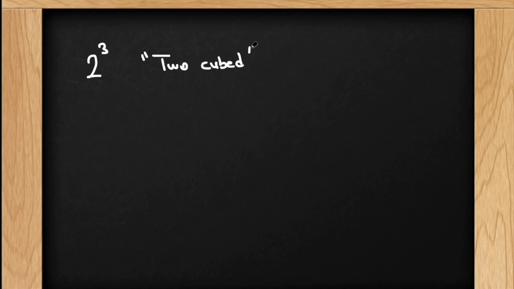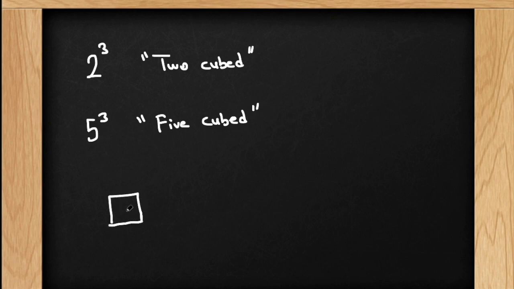and 5 to the 3rd power would be 5 cubed. Since cubes are three-dimensional objects with sides that are all the same length, if you multiply that length together 3 times, you would get the volume of the cube.